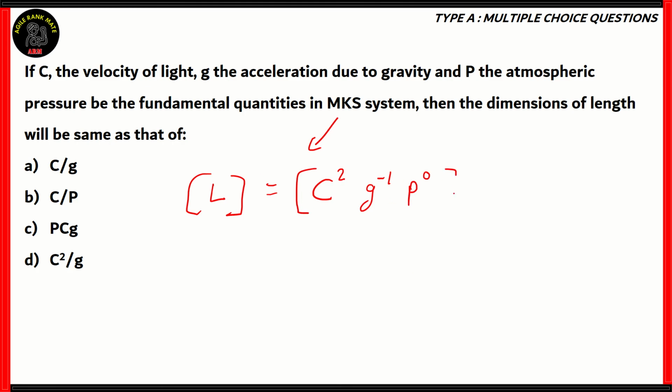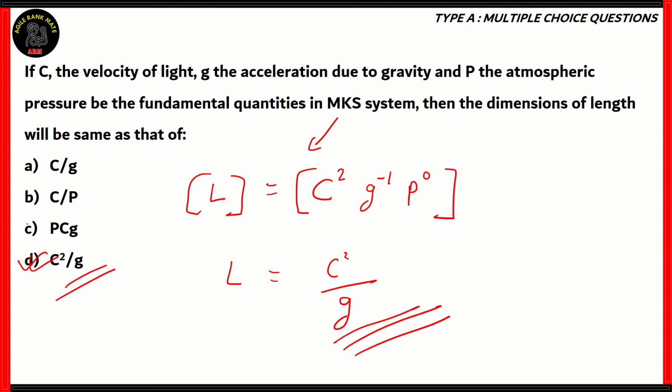So these are the dimensions of L. When you write it in terms of formula, length will be equal to square of speed of light over g. So the dimensions of length is the same as the dimensions of c squared over g, which, if we look at it, is option D. The other options are incorrect because their dimensions would not be equal to L.